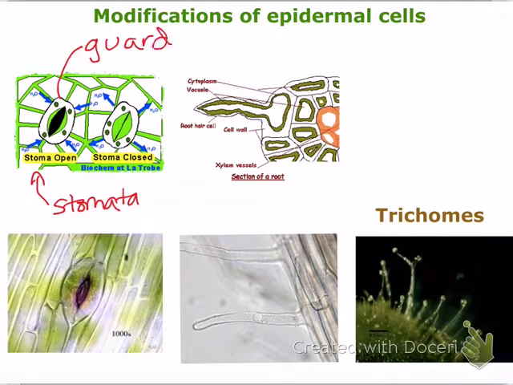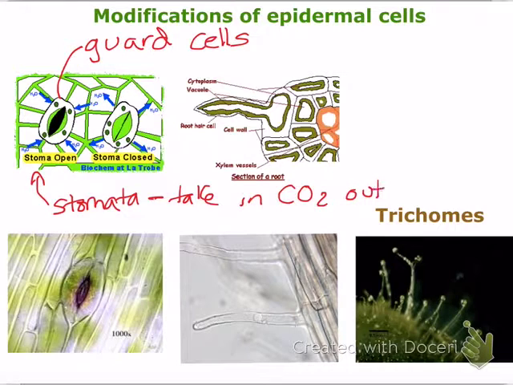The guard cells look like lips, and they can open and close based on whether the plant is in a situation where it wants to prevent water loss or where it wants to be sure to take in gases. So the stomata take in carbon dioxide from the outside and release oxygen from the inside.